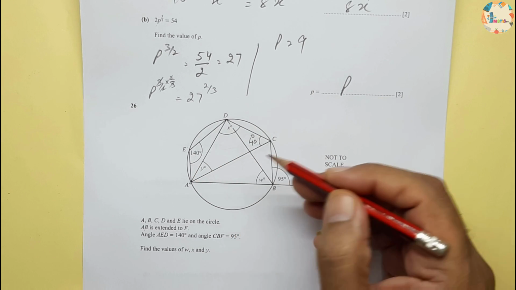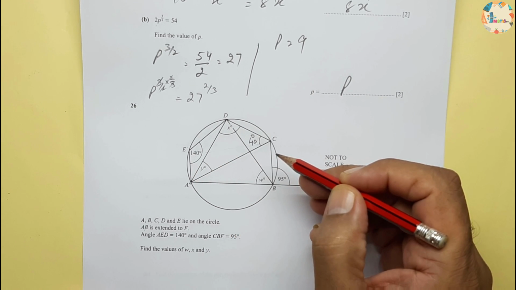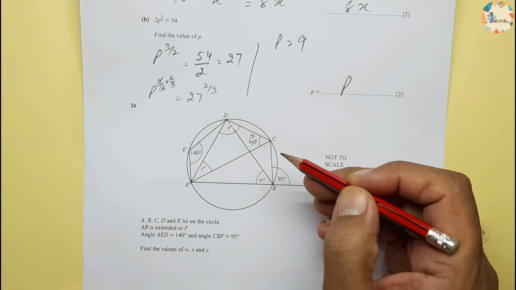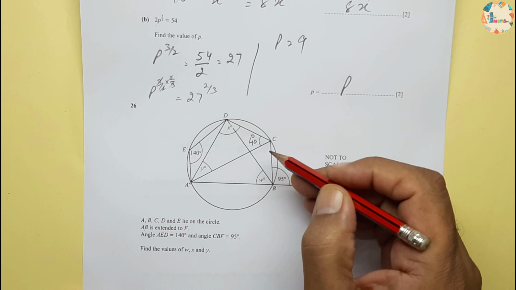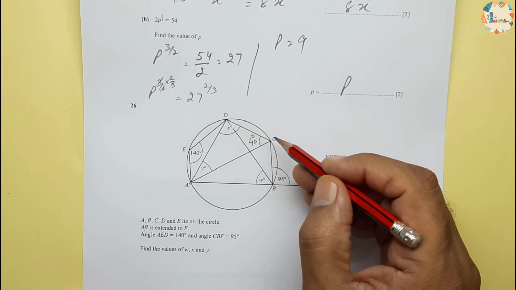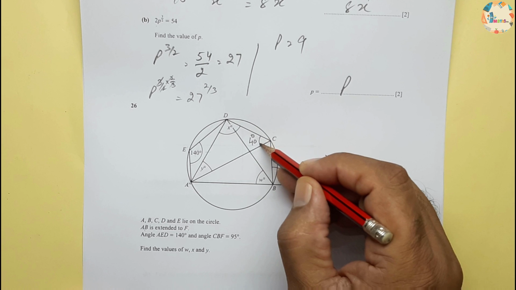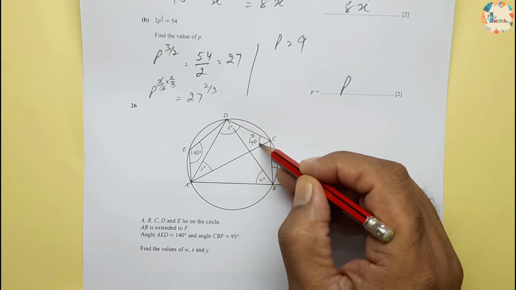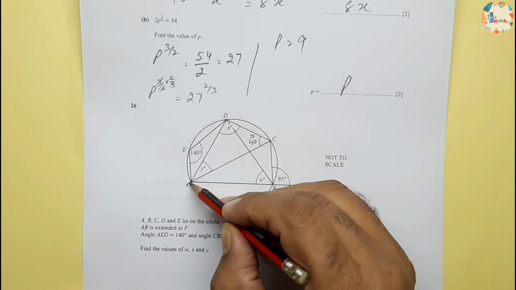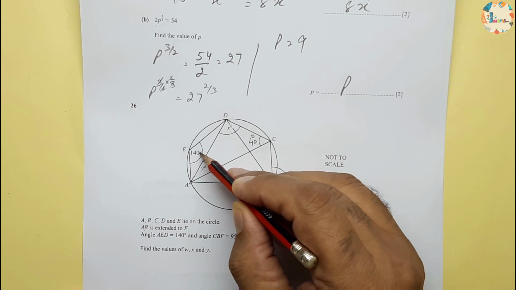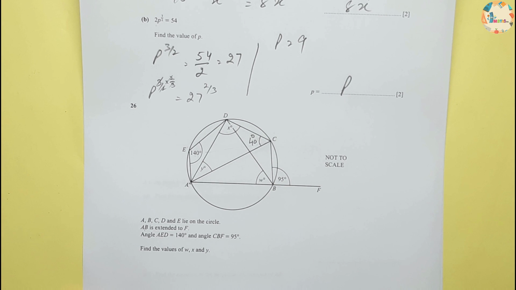Then we can consider this cyclic quadrilateral. After this one, this is 40 degrees. Then we have to consider this is 40, so we have to find the others.